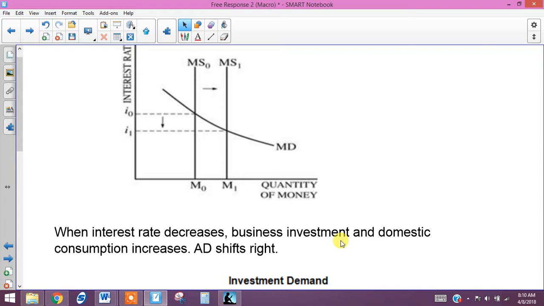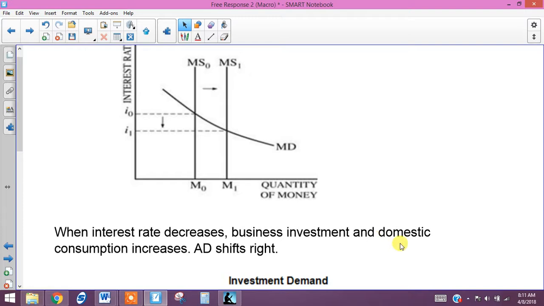Why? Businesses typically borrow the money they need for expansion and investment, and they pay for it in terms of the interest rate. So if this rate goes down, they're going to borrow more and invest more.